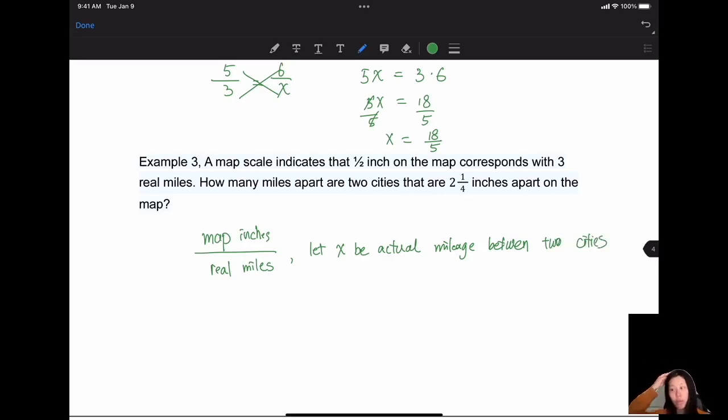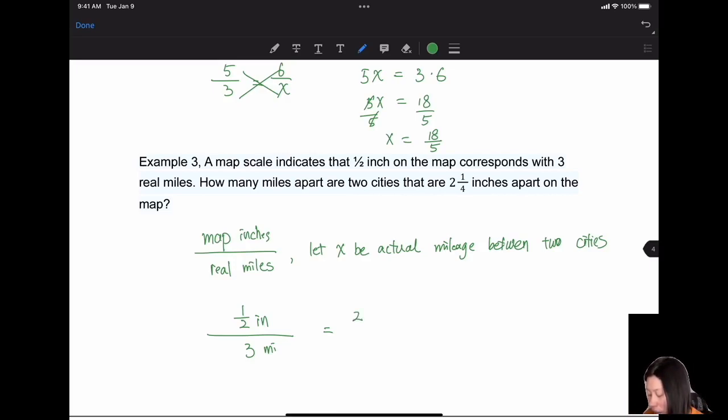Okay, so by this ratio, we can say, hey, if on the map you have 1.5 inches, then the real mileage is going to correspond with 3 miles. So they should be equal because for a map, you should have the same scale, right?